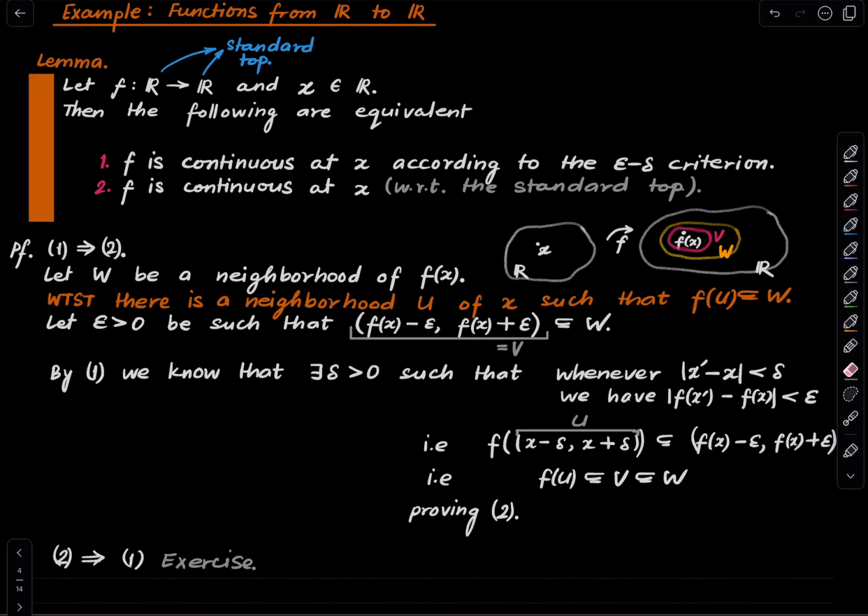What is the meaning of an open set in the standard topology? We recalled it in the beginning of that lecture that around every point you should be able to find an open interval which is contained in the claimed set.